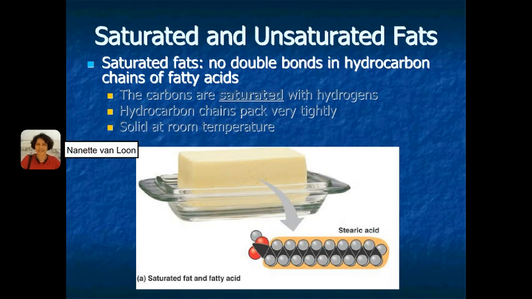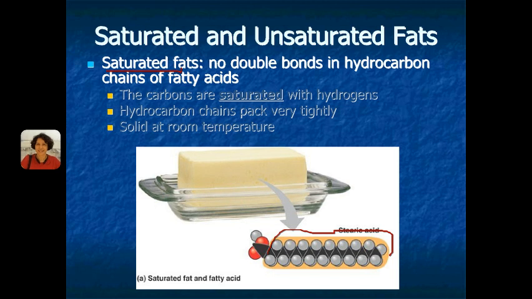We distinguish between saturated fats and unsaturated fats. Saturated fats have in common that they don't have any double bonds in their hydrocarbon chains. The hydrocarbon chains are the parts that make the fatty acid fat. So this part over here is the hydrocarbon part.